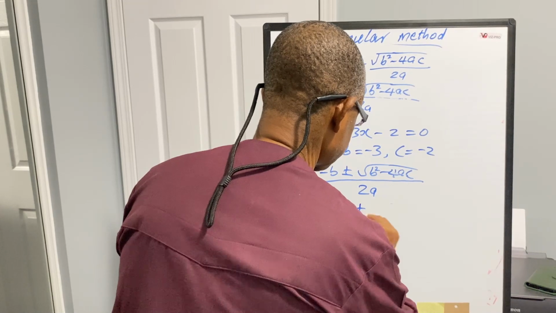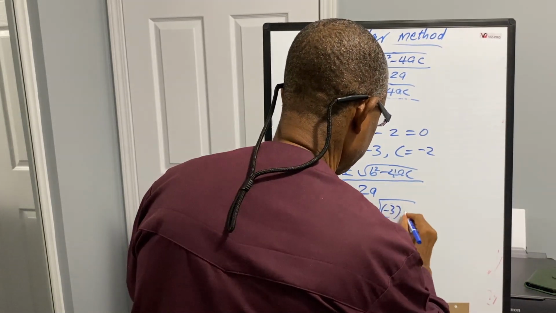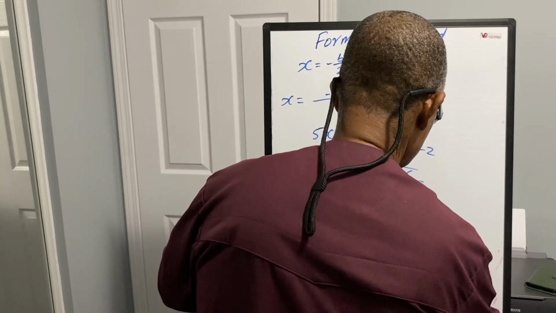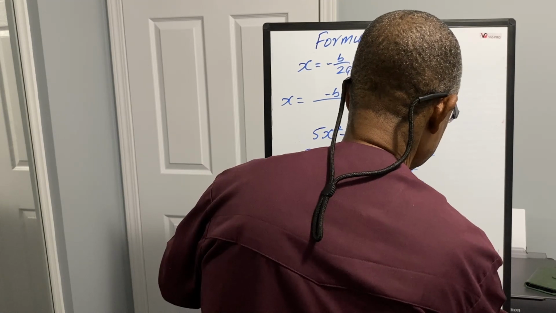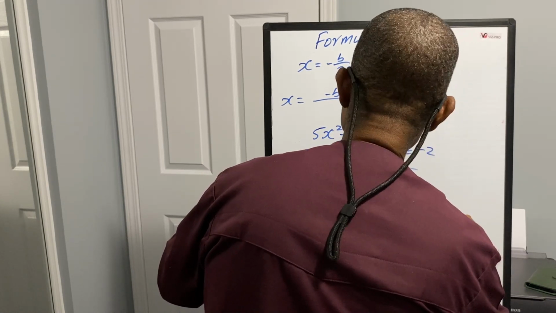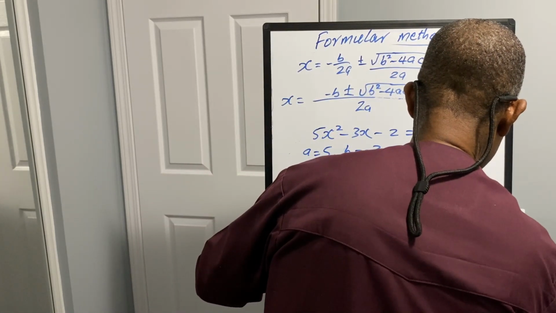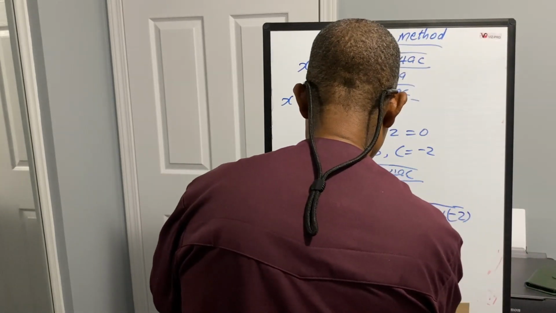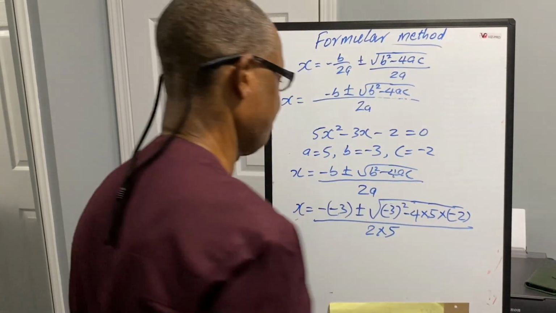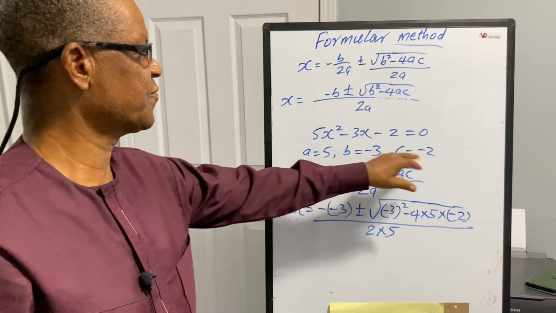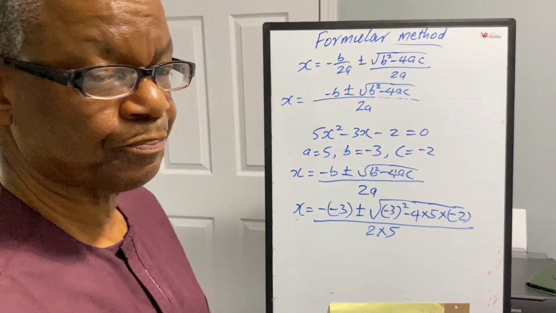Plus or minus the square root of minus 3 squared minus 4 times 5 times minus 2, all over 2 times 5. We have substituted these values in the appropriate place in this formula.